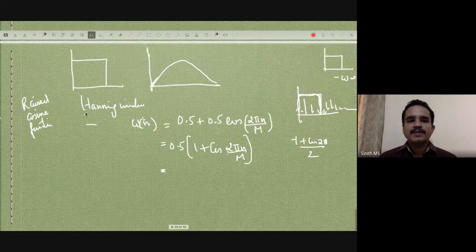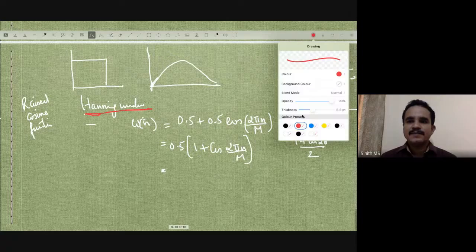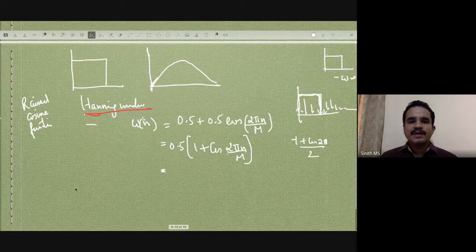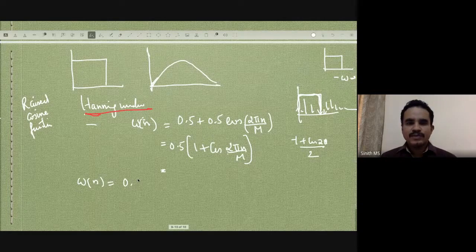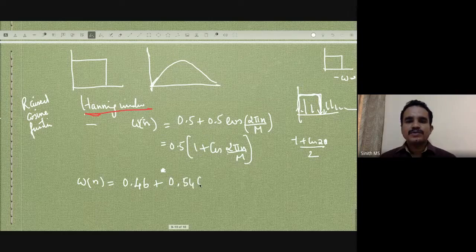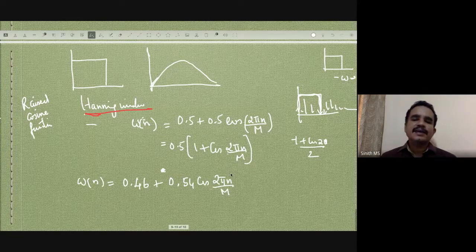And if you change the function a little bit, say 0.46, you decrease this by 0.04 and this by 0.4 goes to pi n by M. In that case, this becomes Hamming window.